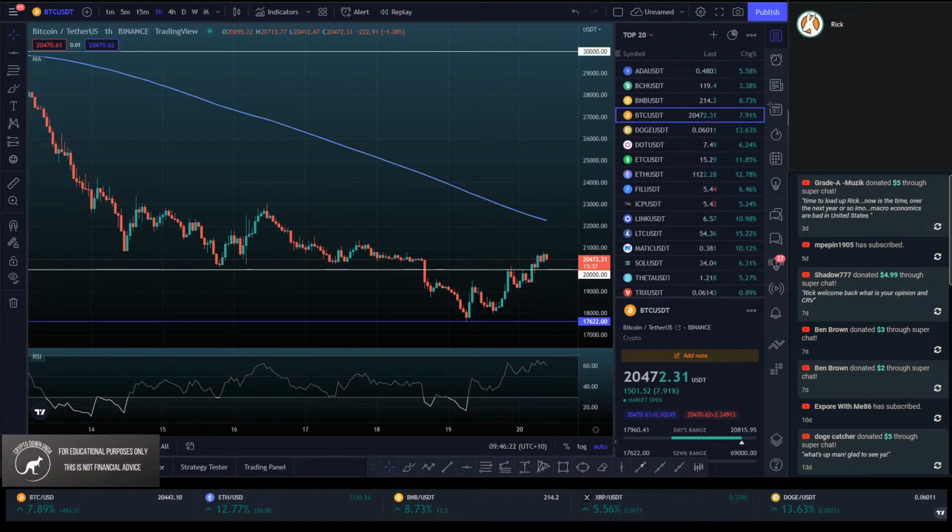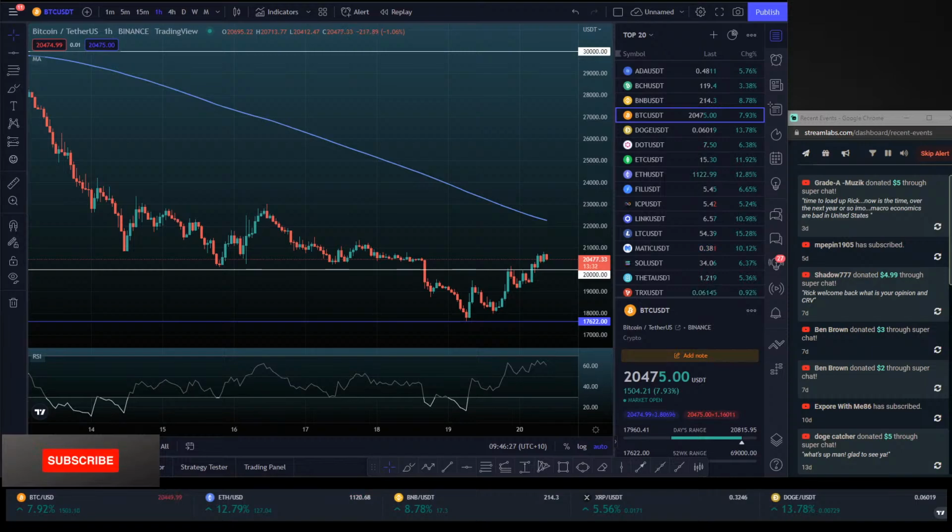Let me tweak around a little bit more with this Streamlabs thing. This Stream Kit overlay thingamajig.